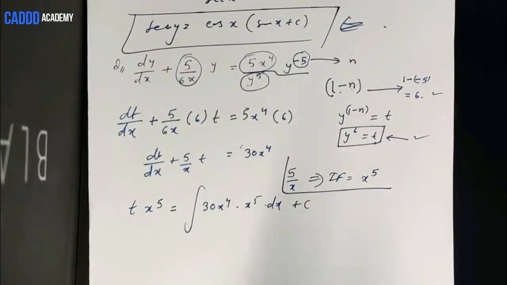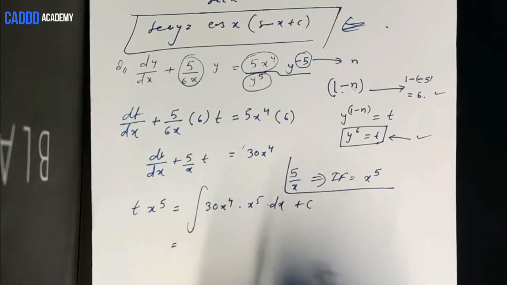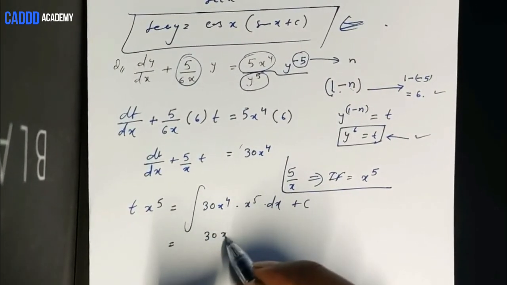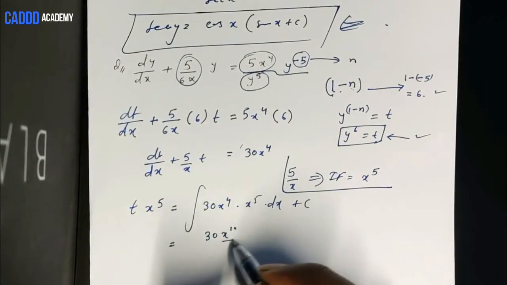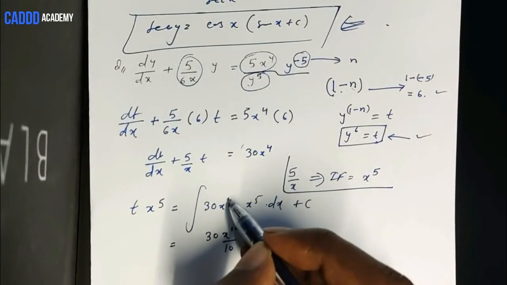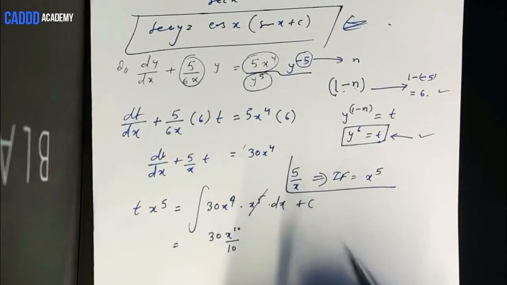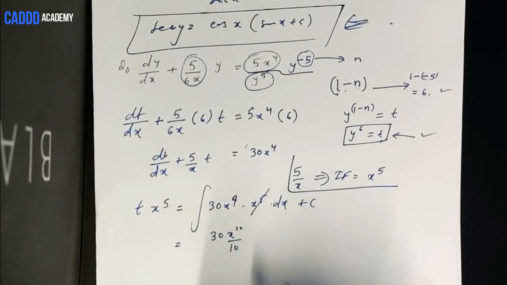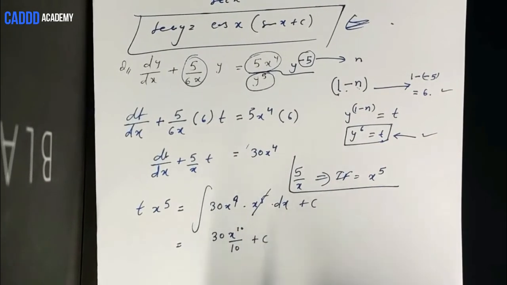So what we have now is 30 x to the power 10 by 10, because it is x to the power 9, and integration of x to the power 9 is x to the power 10 by 10, plus c.